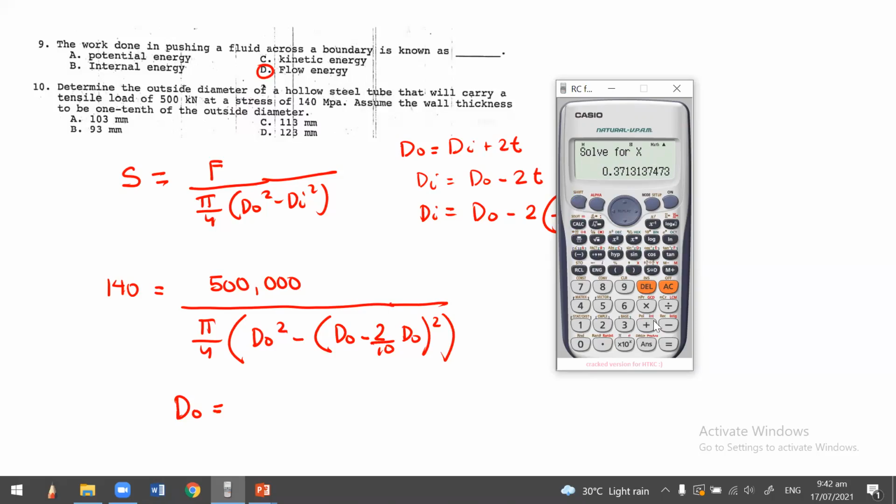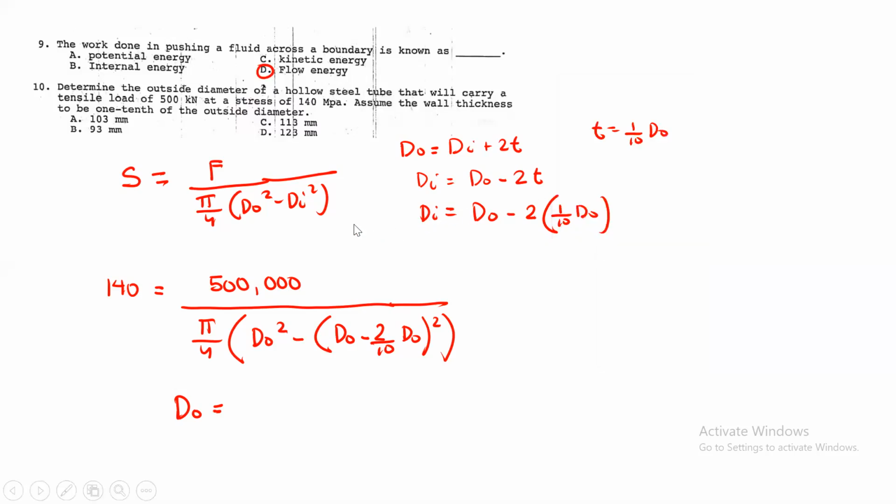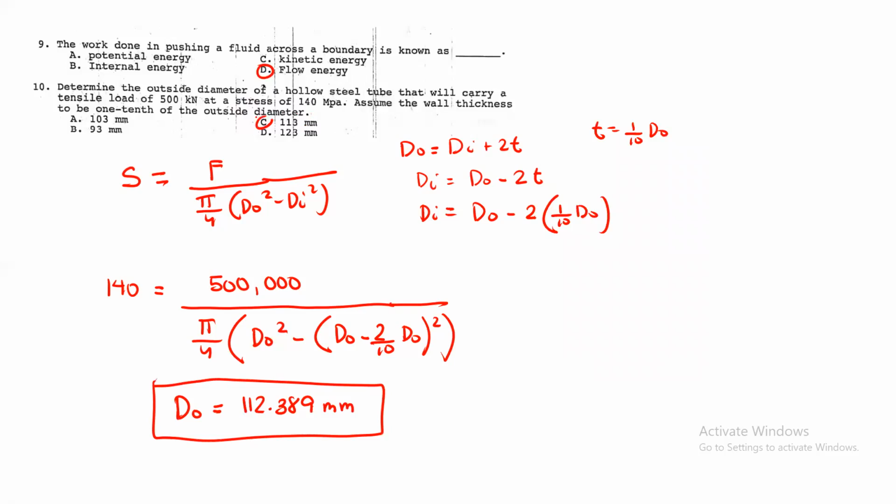Shift solve, makuha natin dyan is 112.389 mm. So, the closest answer dito is letter C, 113 mm.